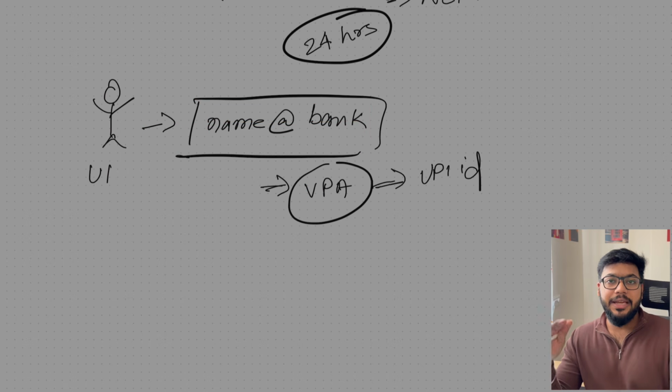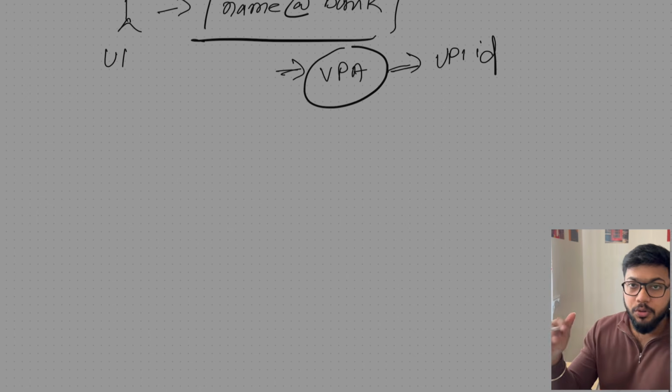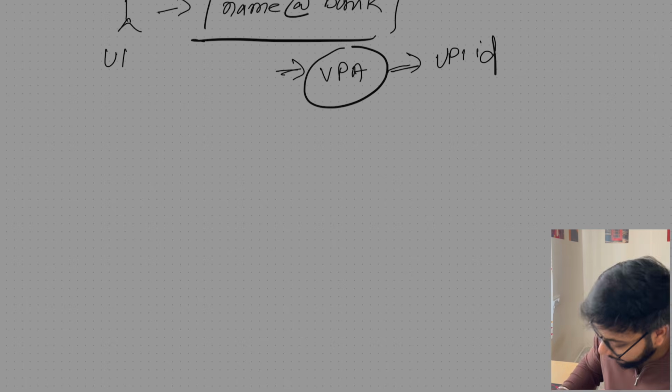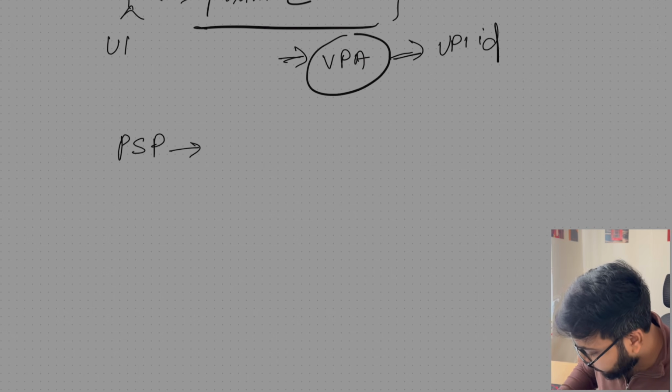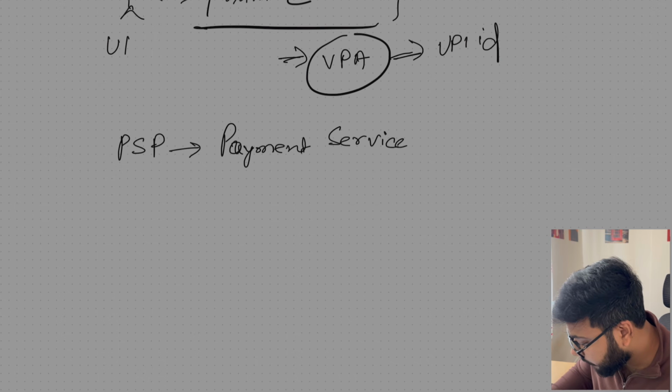So basically, at the NPCI level, there is a mapping of the UPI ID to the bank account details. So whenever you open a PSP application, PSPs are basically payment service providers.